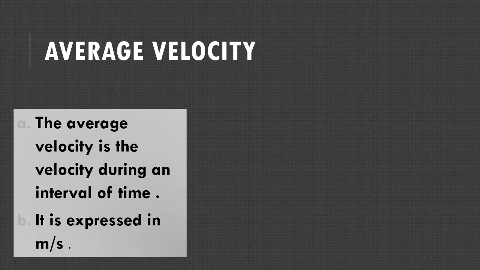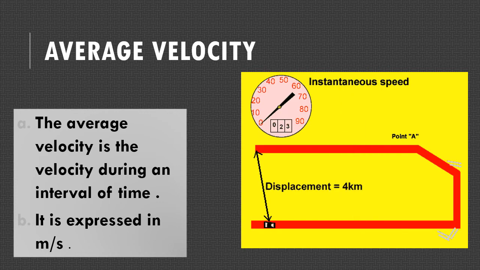When I reach the school, I reach it by speed equals 8 meters per second. Here I give you instantaneous speed, which is speed at a specific instant. While for average velocity, if I say to you that I move to the school at speed 10 meters per second, here the average velocity of the movement from my house to the school is the total distance over total time.